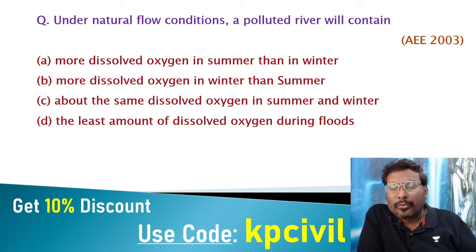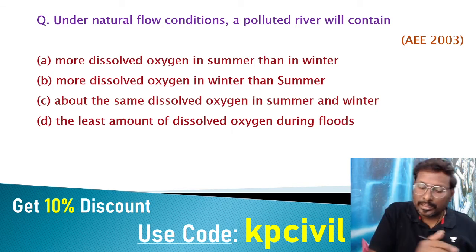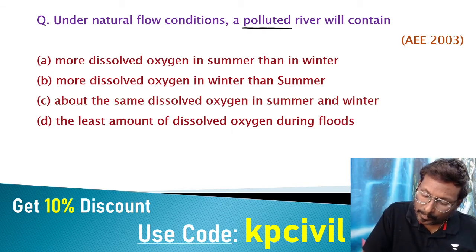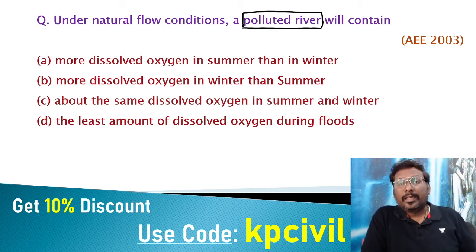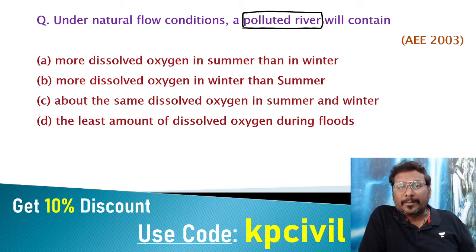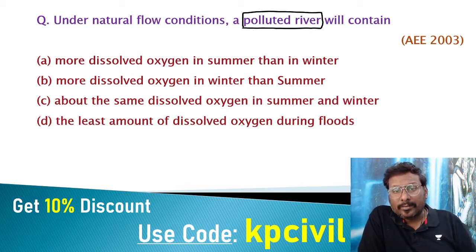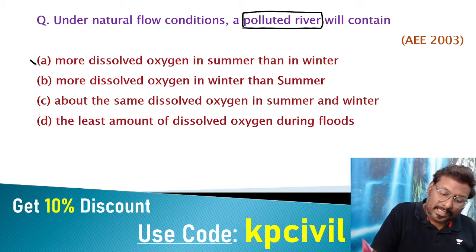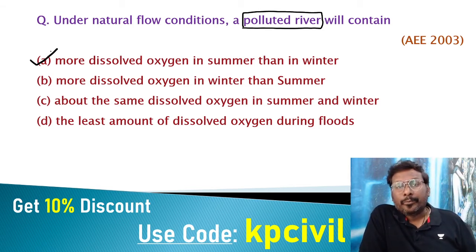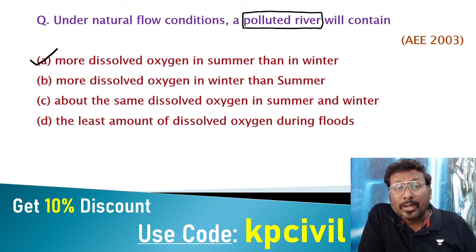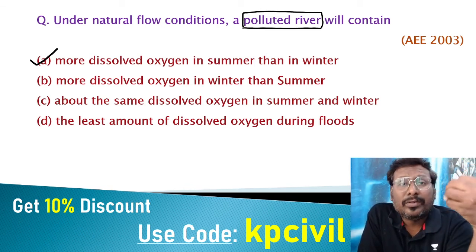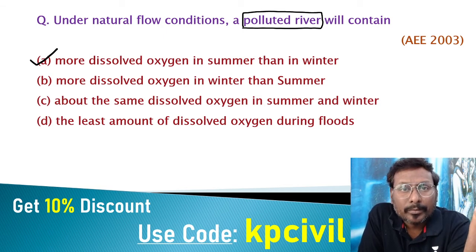Under natural flow condition, a river which is polluted will contain more dissolved oxygen in summer and less dissolved oxygen in winter, because in summer growth of algae is facilitated more.